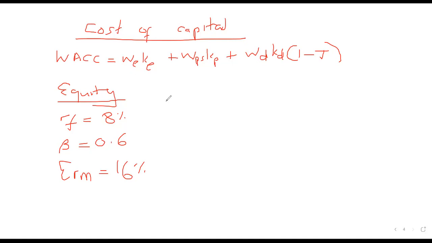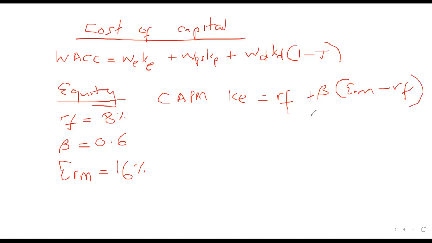So you need to understand that equity is calculated using two formulas. There's what we call the CAPM model, which is given by cost of equity is equal to risk-free rate plus beta times expected market return minus risk-free rate. Our risk-free rate is 8% here. Our beta is 0.6.